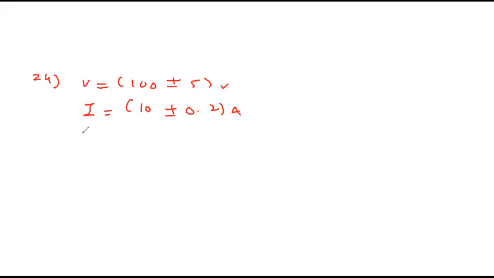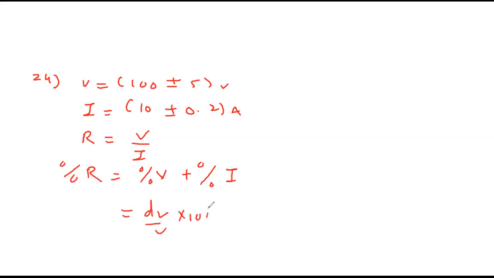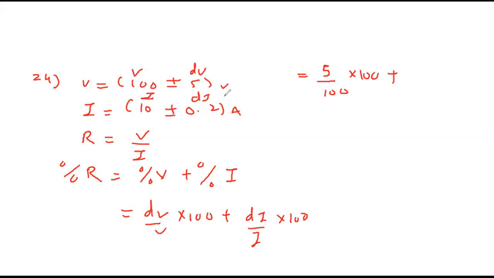Formula for resistance, we all know it is V by I. So percentage error in R is percentage error in V plus percentage error in I, which is dV upon V into 100 plus dI upon I into 100. dV is 5, V is 100, into 100, plus dI is 0.2, I is 10, into 100. 100 cancel, 0 cancel.